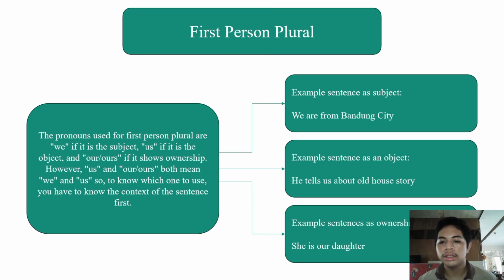Example sentence, subject: We are from Bandung City. Example sentence, object: He tells us about old house story. Example sentence, ownership: She is our doctor.